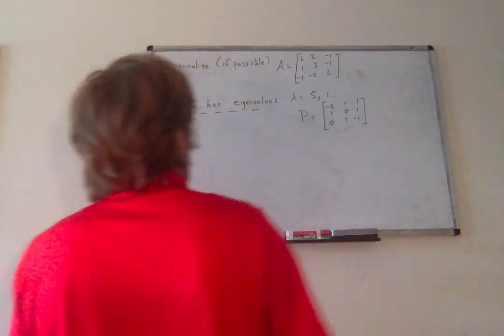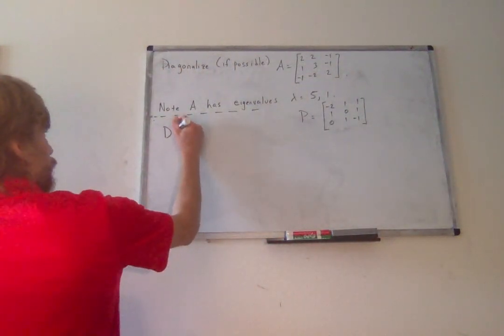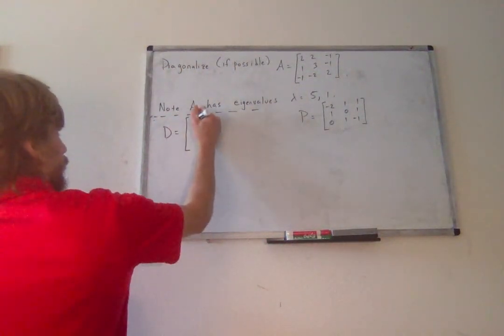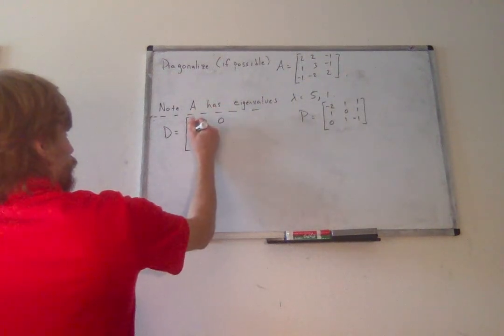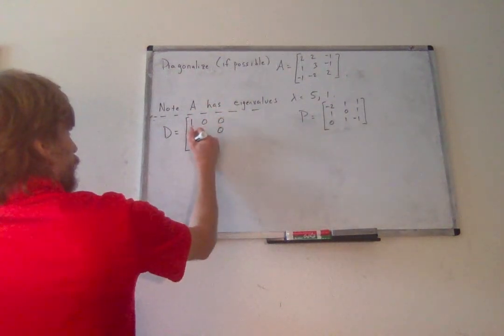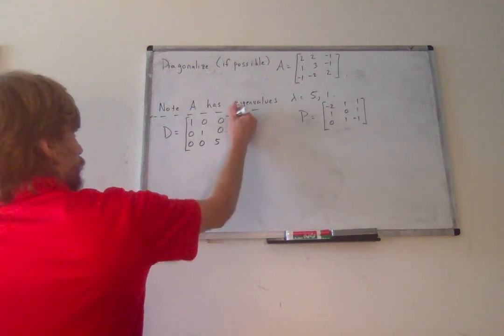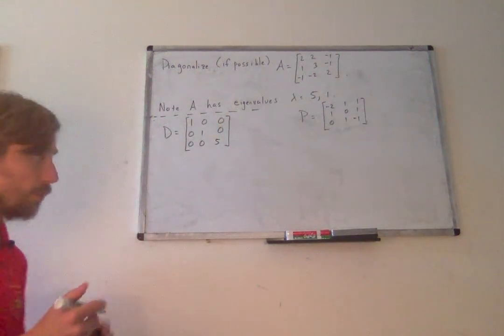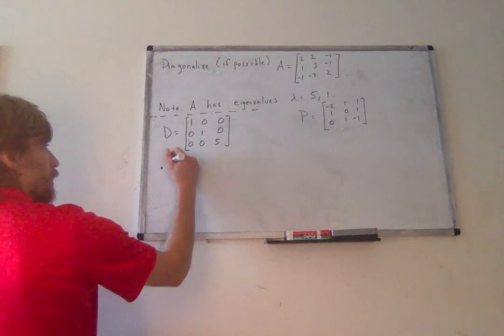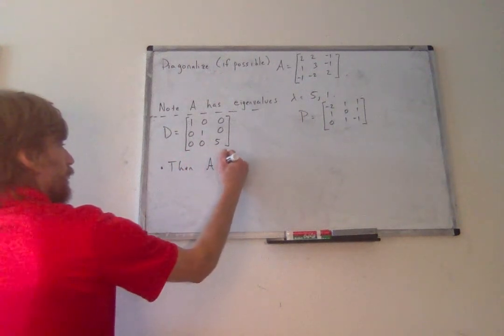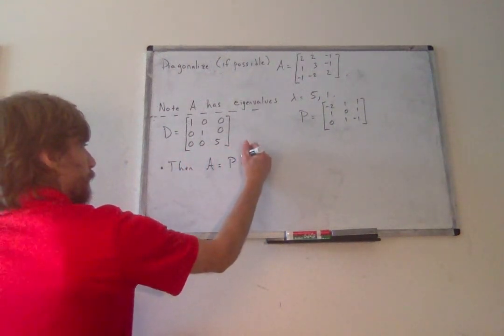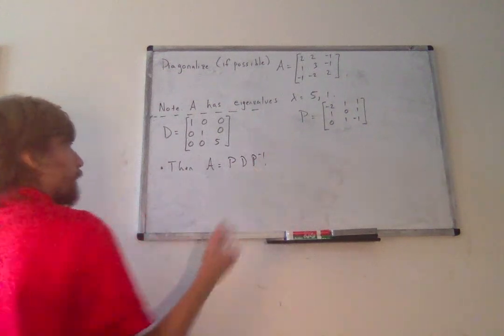And so remember then, I have to make D the diagonal matrix whose ordered diagonal entries correspond to the eigenvalues of A in order corresponding to the vectors I put in P. And so it would be like this.